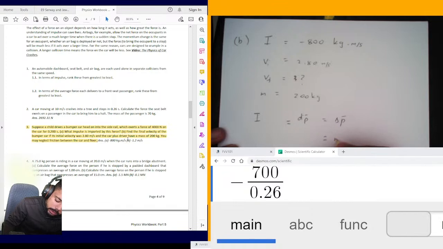Now the change in momentum is the momentum final minus the momentum initially. Now mass is constant, so we can take it out. So it says the mass times the velocity final minus velocity initial is equal to the impulse.